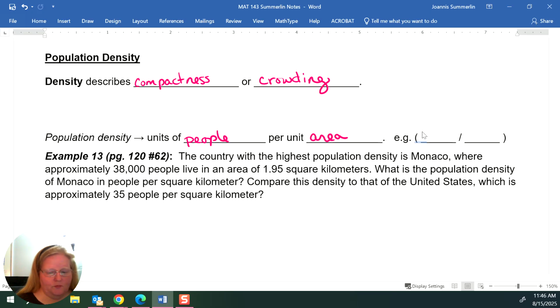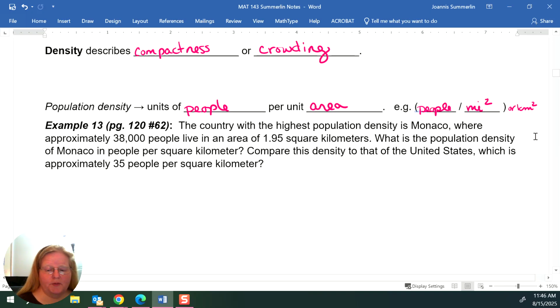An example might be people per mile squared or per kilometer squared. The country with the highest population density is Monaco, where approximately 38,000 people live in an area of 1.95 square kilometers. What is the population density of Monaco in people per square kilometer? Compare this density to that of the United States, which is approximately 35 per square kilometer.